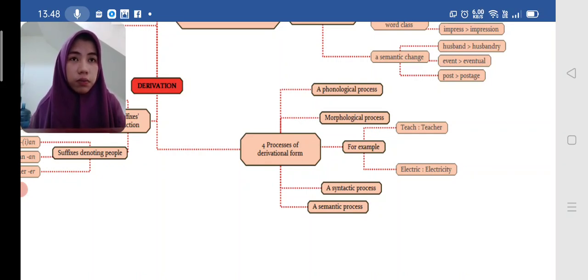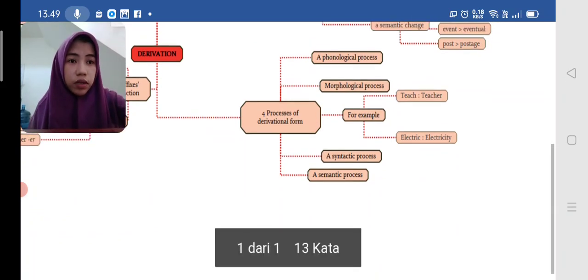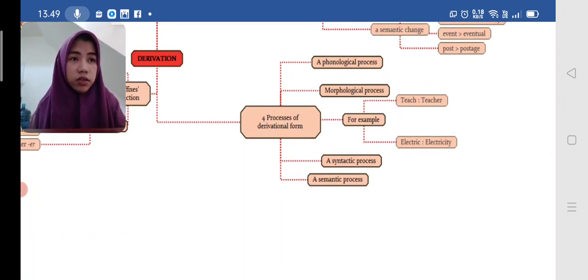Teach in the phonological process is unchanged, and the morphological process is adding the suffix -er, and the syntactic process is changing a verb to a noun, and the semantic process produces a word denoting an agent.